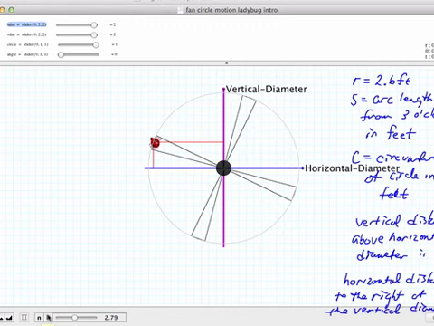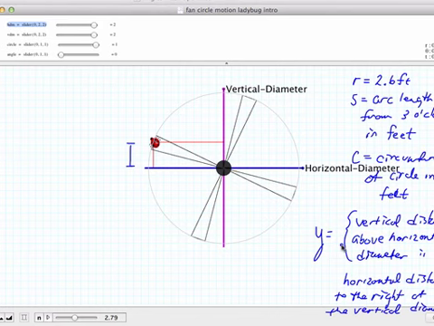Okay, well, if this was just our axes, right? If these were like axes, and that was the origin, the center of the fan, what is this really talking about? The vertical distance above the horizontal diameter, or this right here. Vertical distance above the horizontal diameter. It's the y value. You had the right idea, just spoke a little too soon.